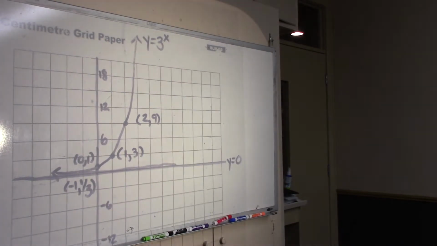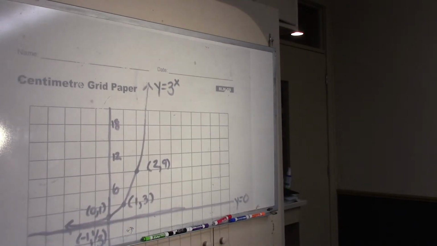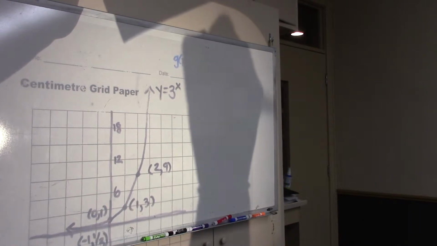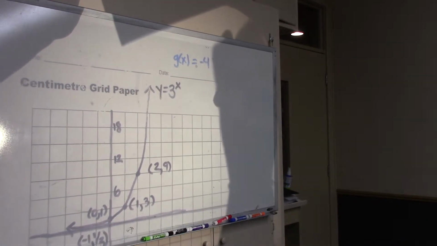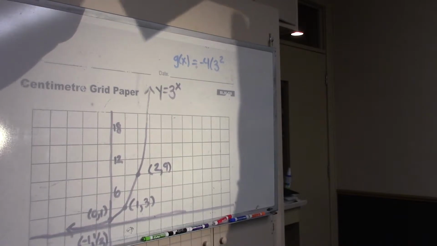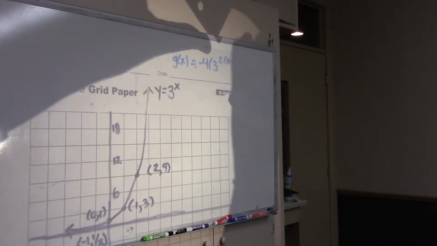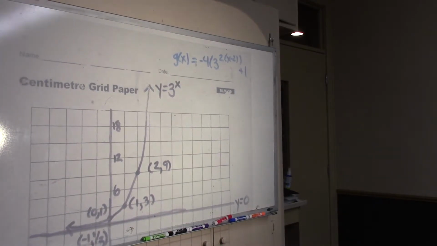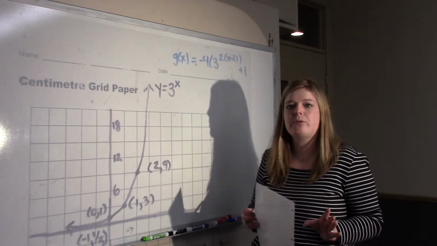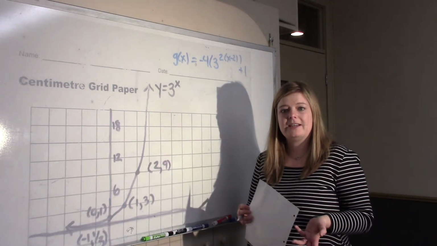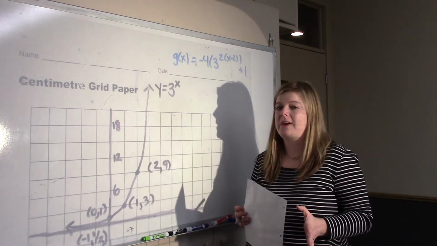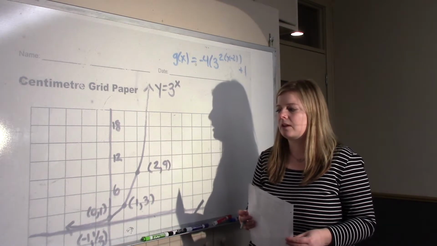So my equation that I'm transforming here is g of x equals -4, 3 to the 2, and then I'm going to factor out k, x minus 2, plus 1. This one I'm going to do using the graphing technique, and the second one I'm going to do using the table of values technique, so you can see each one.